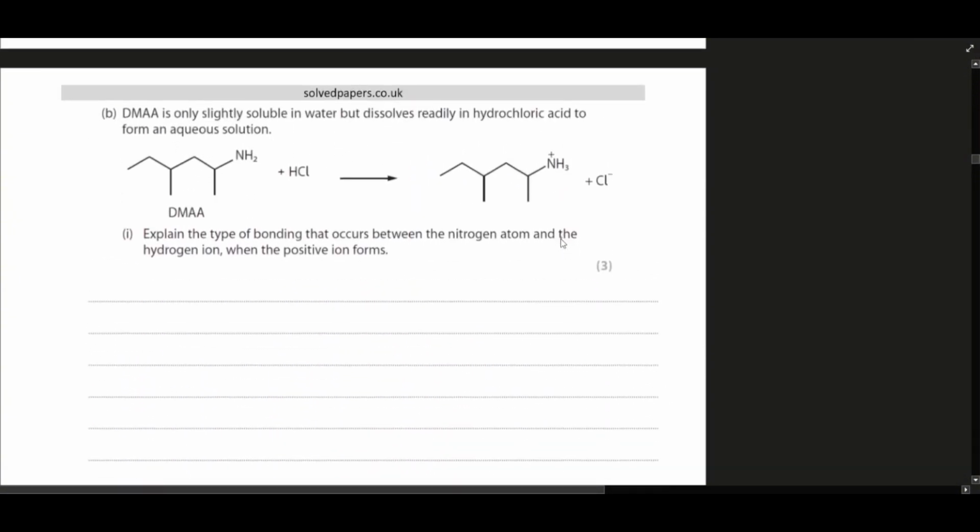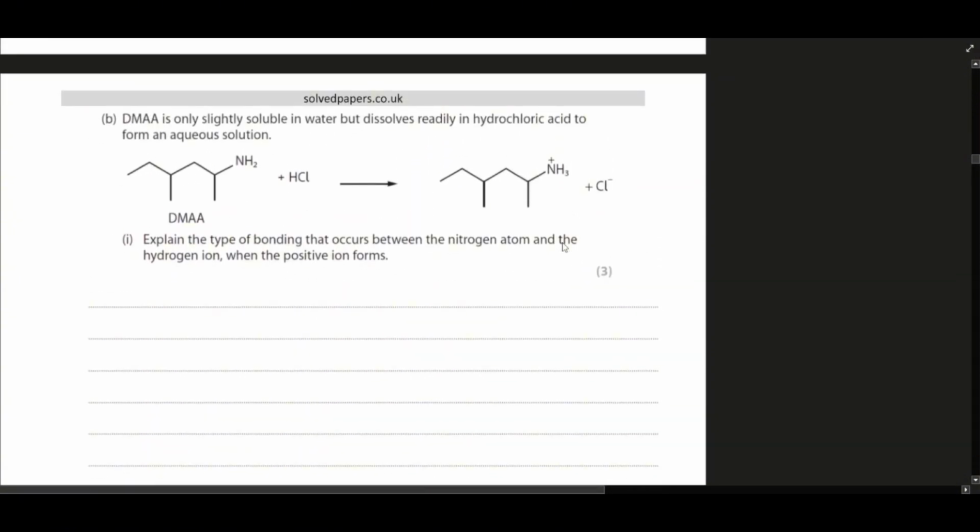DMMA is only slightly soluble in water but dissolves readily in hydrochloric acid to form an aqueous solution. Explain the type of bonding that occurs between the nitrogen atom and the hydrogen ion when the positive ion forms. Okay, tell me what might be between the nitrogen atom and the hydrogen ion.